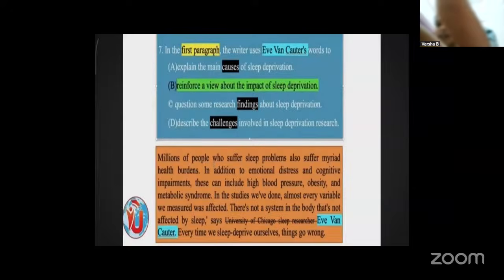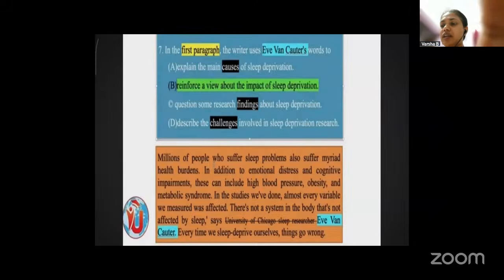The last line also supports that sentence: every time we sleep-deprive ourselves, things go wrong. That shows the impact of sleep deprivation, which affects every system of the body. That paraphrasing is used to reinforce a view about the impact of sleep deprivation.